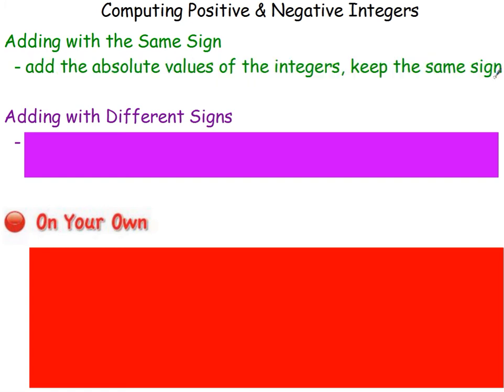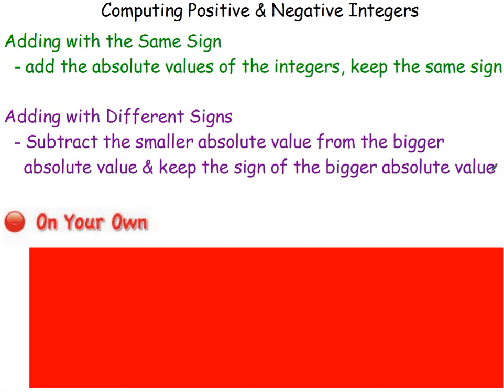Add the absolute values of the integers and keep the same sign. When we're adding with different signs, we subtract the smaller absolute value from the bigger absolute value and keep the sign of the bigger absolute value. Pause the video while you record these rules.